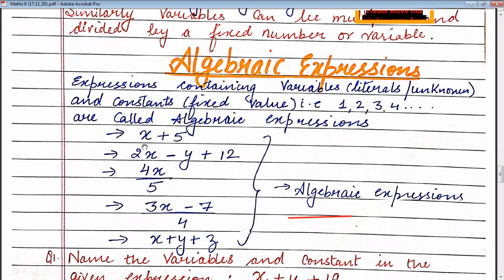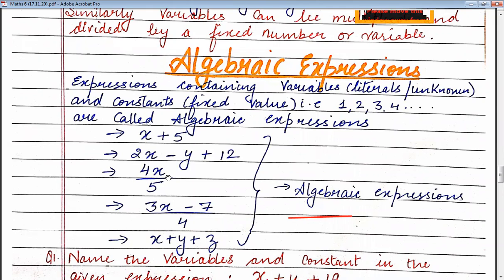X is variable and 5 is constant because 5 is fixed. 5 will remain 5 only. Now let's look at the second one. Twice x minus y plus 12. Here variables are x and y and constant is 12.